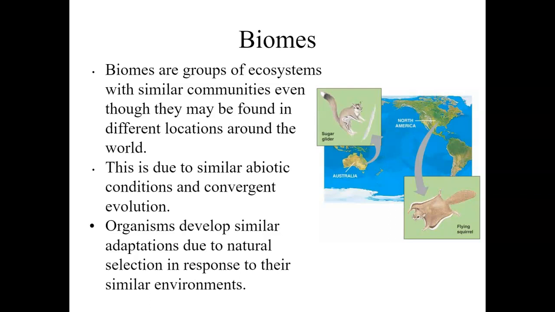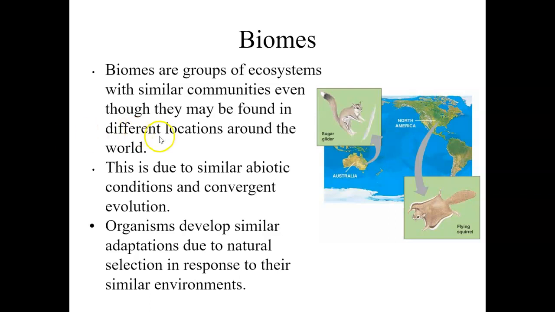As well as convergent evolution, which we talked about in a previous unit and in BioH. This is going to allow for organisms to develop similar adaptations because their environments are similar, even though the organisms themselves may not be closely related from an evolutionary standpoint.